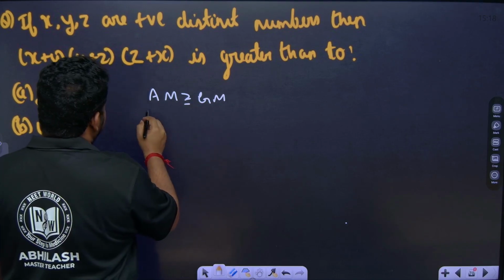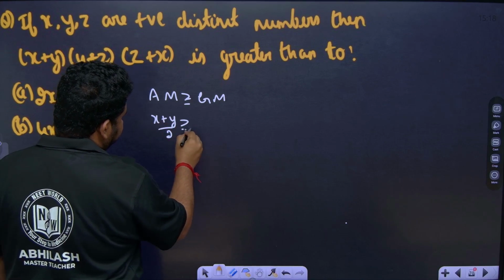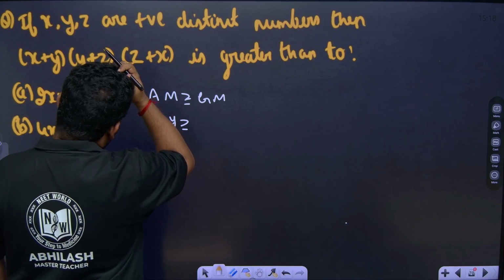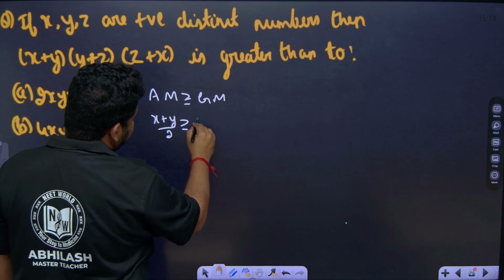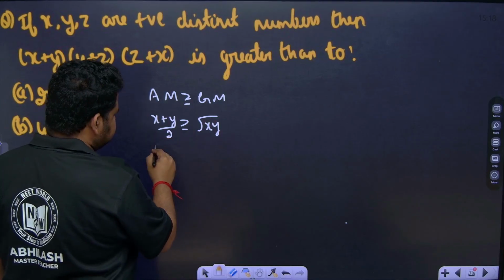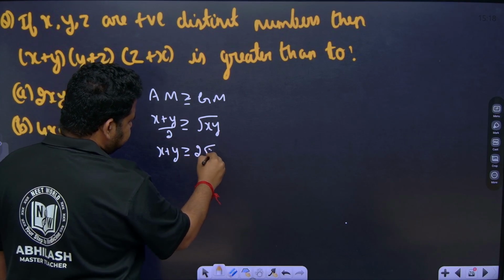So (x plus y) by 2 is greater than or equal to the geometric mean of x and y, root xy. This I can write as x plus y is greater than or equal to 2 root xy.